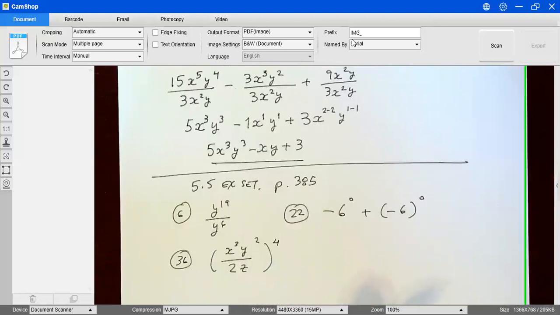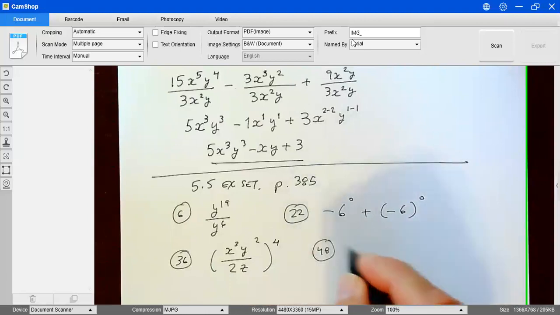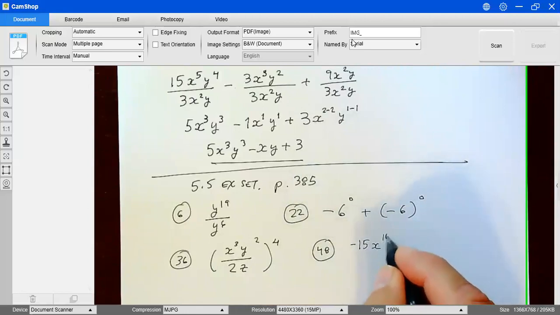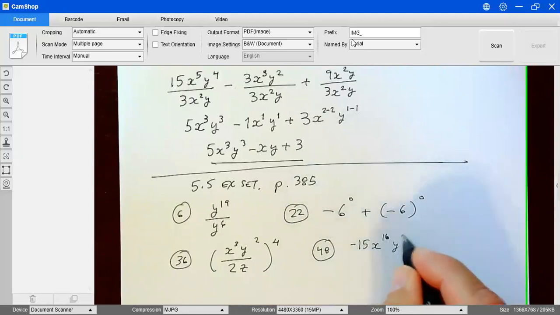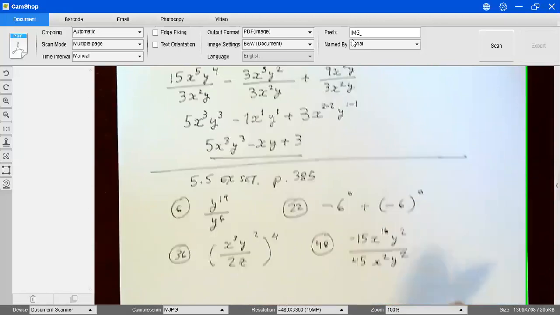You're going to apply the corresponding rule. Then we have 48. This is negative 15x to the 16th power y squared over 45x squared y squared.